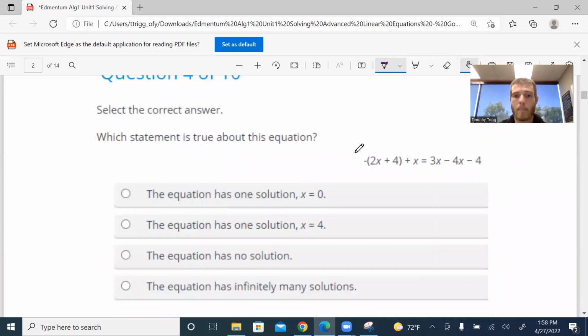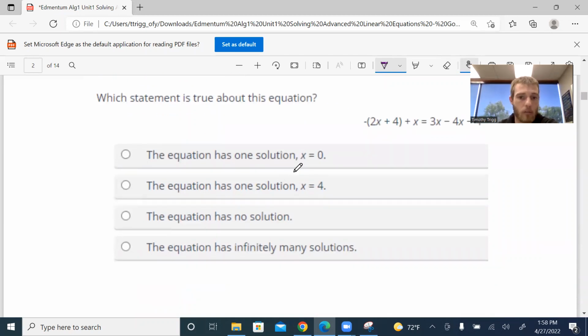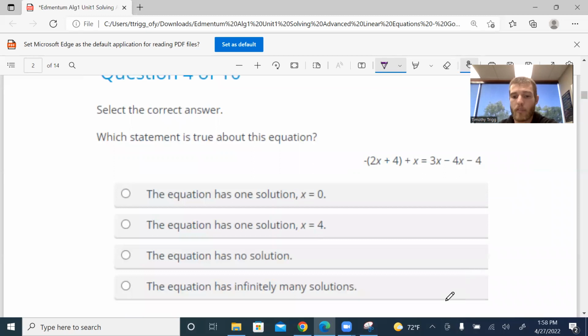Which statement is true about this equation? The equation has one solution. Okay, well, we're going to have to solve this one. And one thing to keep in mind here, notice there's a negative in front of the parentheses with the 2x plus 4. Does that negative get distributed? Yes.